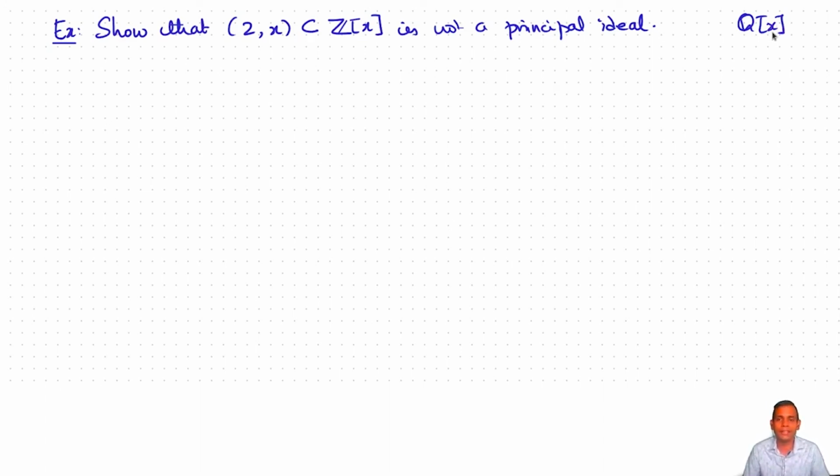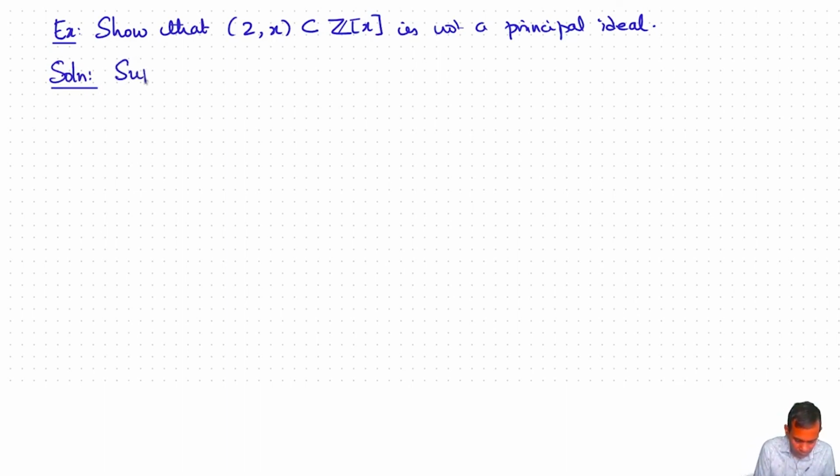And so every ideal in this ring of polynomials with entries in a field would be a Euclidean domain and hence a principal ideal domain. However, when you take polynomials with integers, then they do not form a principal ideal domain. And the solution is not very difficult. Maybe you can take a few minutes to try it out yourself. If not, you can follow the solution that I'll give you now.